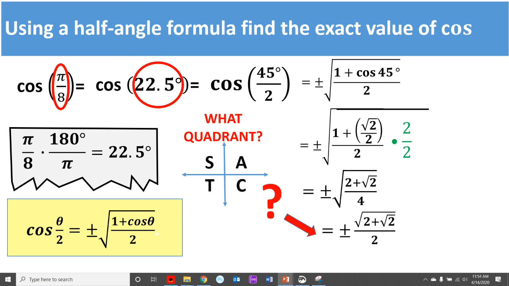In quadrant 1, all trig functions have positive answers. So the answer to cosine of 22.5 degrees is going to be a positive answer. So our final answer is just positive.